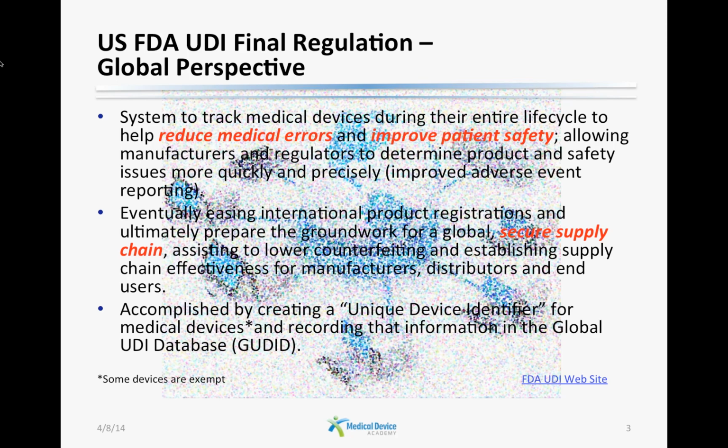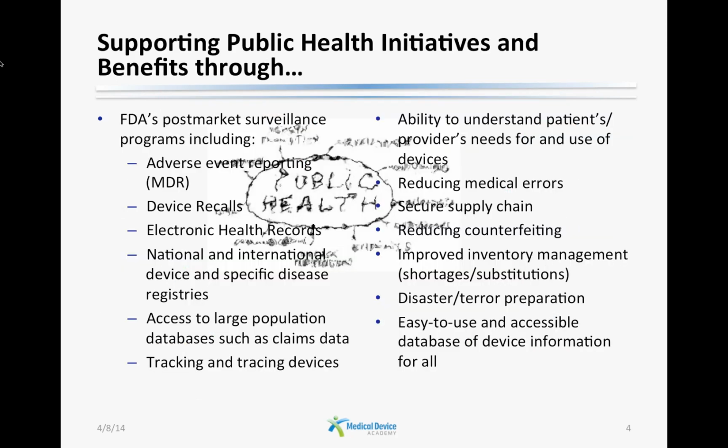The new regulation is designed to support public health initiatives through strengthening analysis of devices on the market, providing a standard and clear way to record device use in electronic health records, clinical information systems, claim data sources, and registries. Creating a robust post-market surveillance system leveraged to support pre-market approval or clearance of new devices and new uses of currently marketed devices.